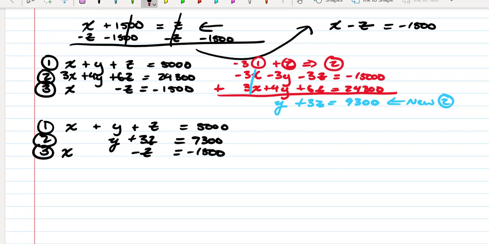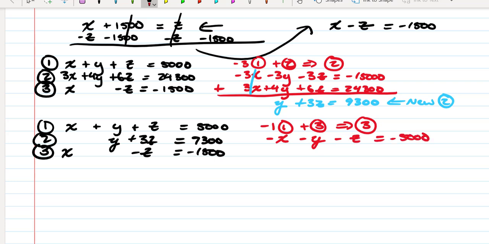Well, now I need to keep on eliminating, so I'm going to do negative 1 times equation 1 plus equation 3 to replace equation 3. That gives me negative x minus y minus z equals negative 5,000. And equation 3 is x minus z equals negative 1,500.